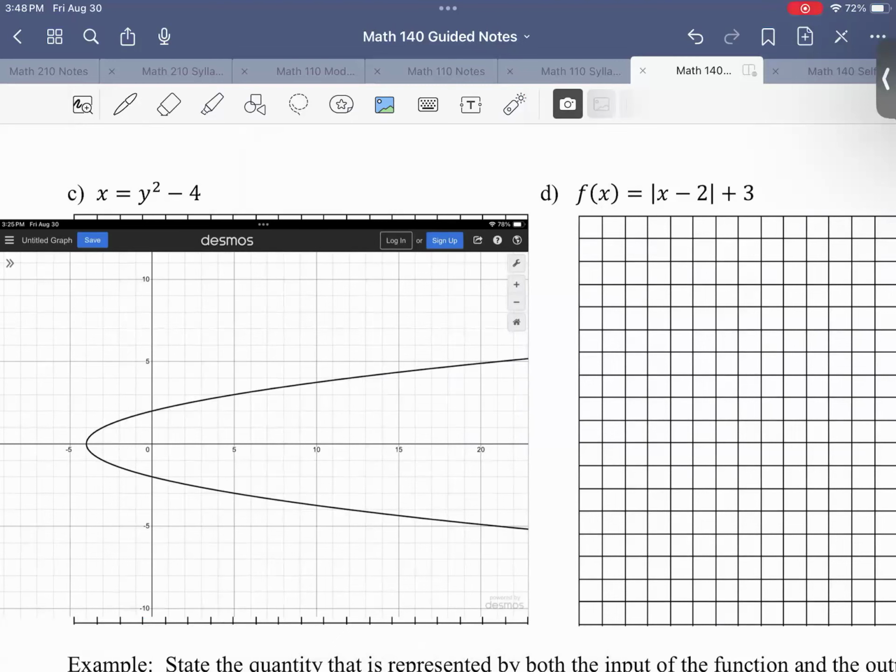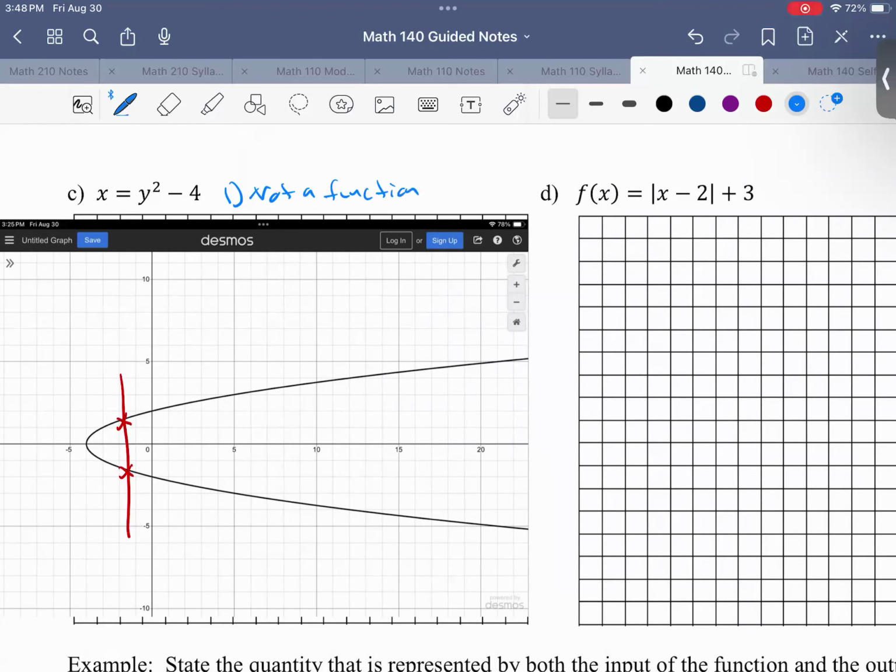And let's see if this passes the vertical line test. So right away, I'm intersecting it at 2 points. If I draw a straight line, this would happen everywhere. Okay, so this means it's not a function.